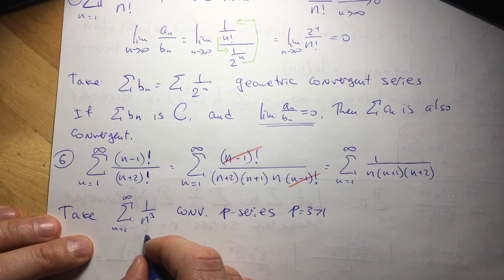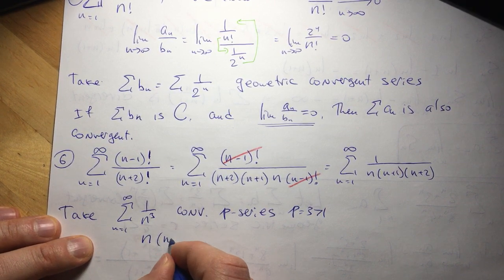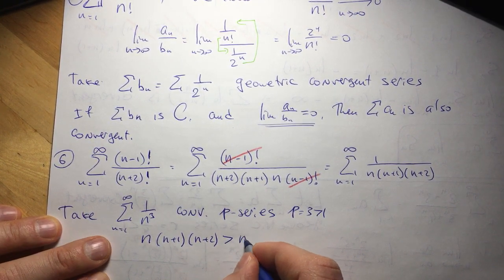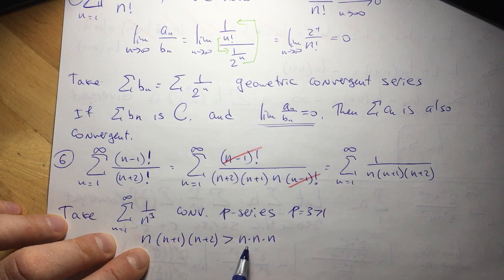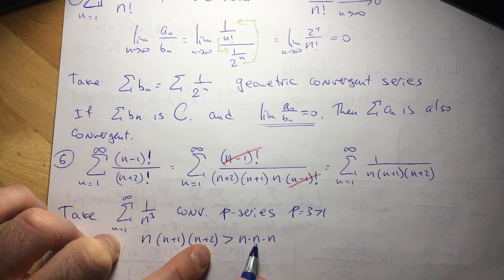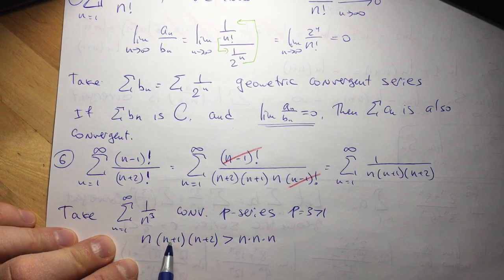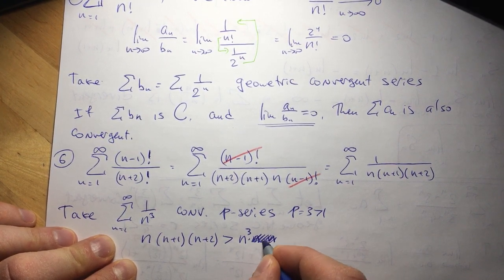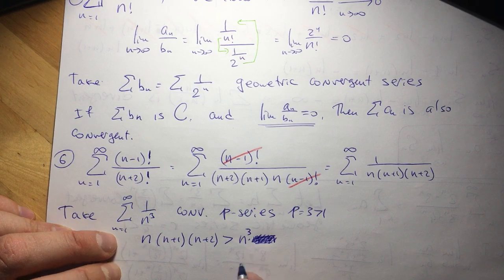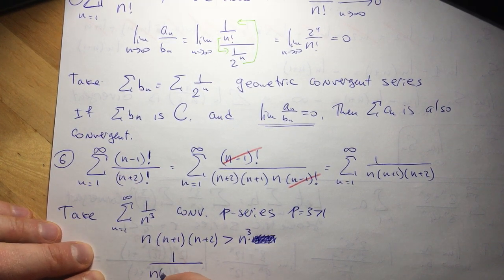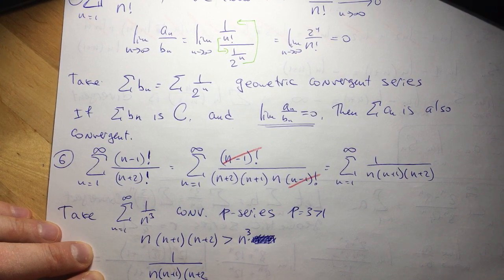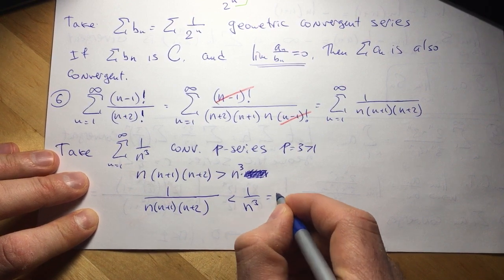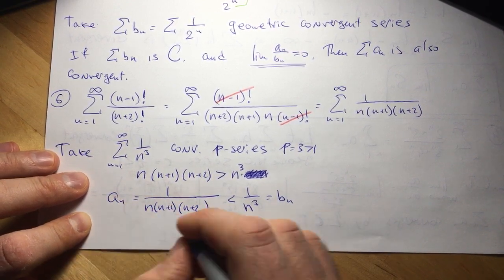And then look at this. n times n plus 1 times n plus 2 is greater than n times n times n, right? n plus 2 is greater than n plus 1 is greater than n, so n times n plus 1 times n plus 2 is greater than n cubed. n times n times n can be written as n cubed, right? But now if I take the reciprocal, I have 1 over n times n plus 1 times n plus 2 is less than 1 over n cubed. This was my bn, this was my an.